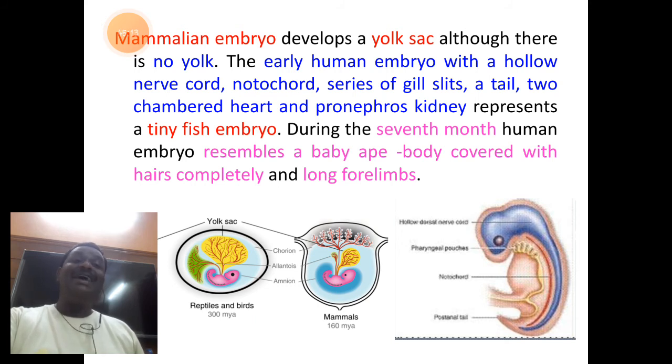But we find that character in the 7-month-old human embryo also, showing that we share the characters of our ancestors during our embryonic stages. Students, remember, these are all the examples which help us support the process of organic evolution through the concepts of embryology.